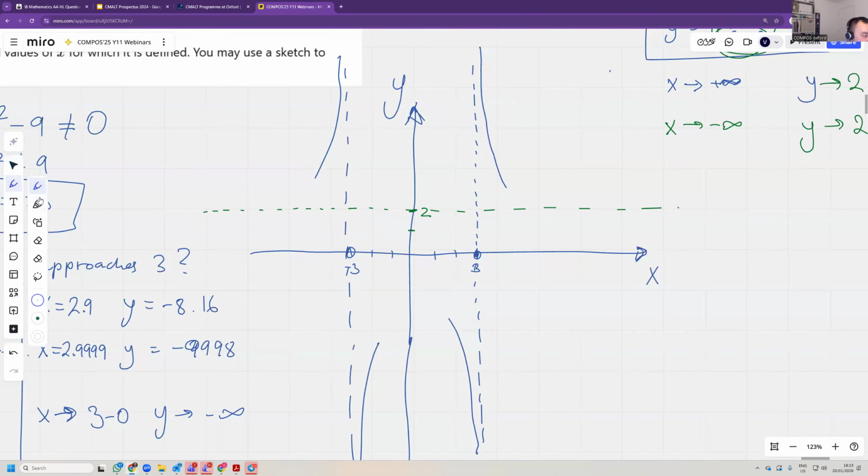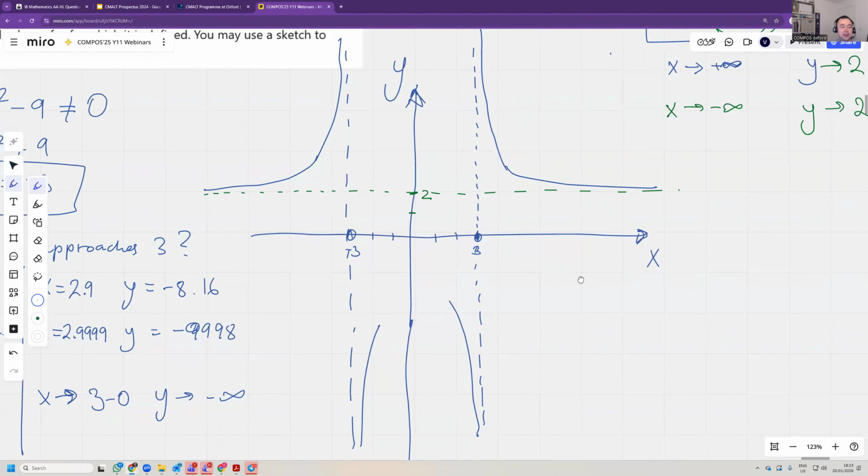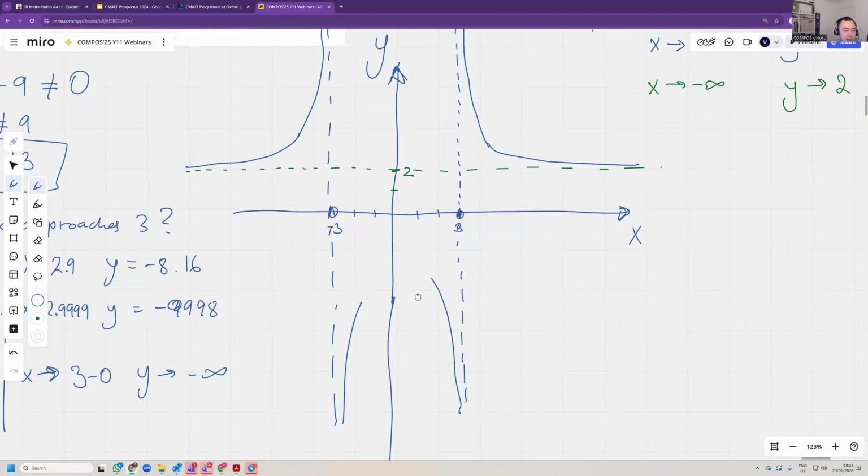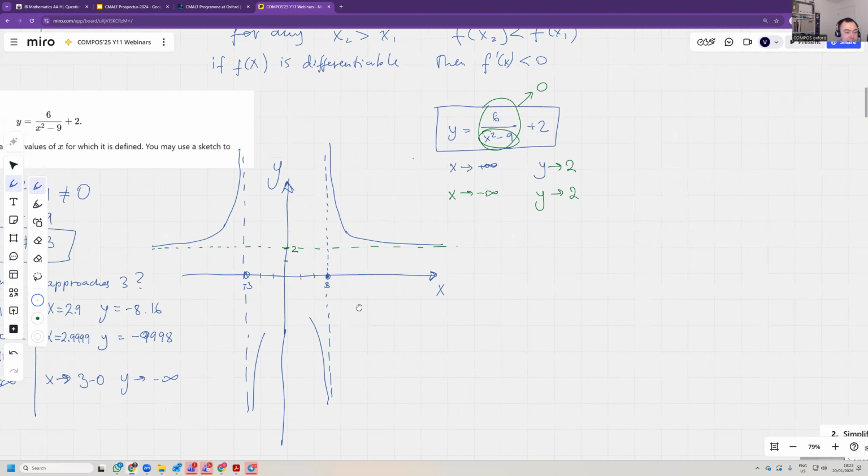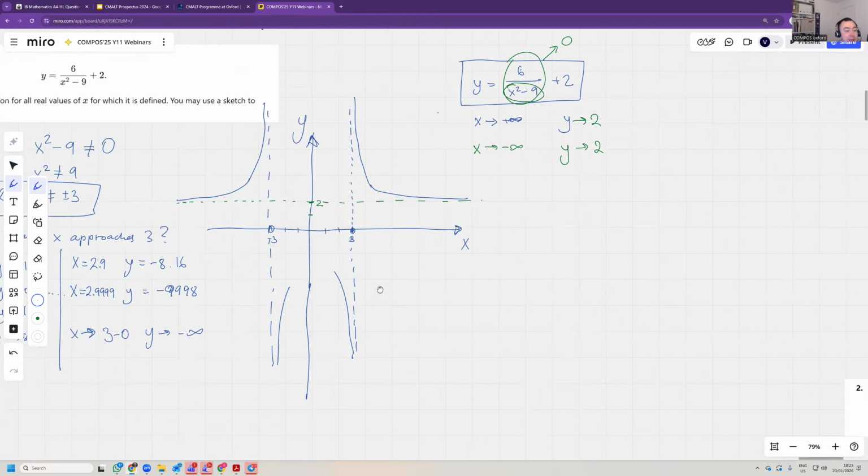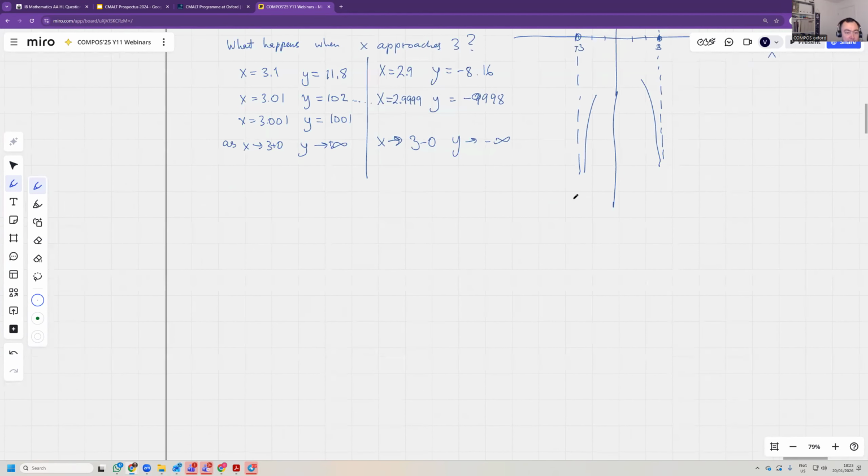So it looks like the graph will be like this. Like this. Now we need to find, well, it looks like the function is even. What does it mean that the function is even? So f of x is even if f of negative x is equal to f of x.